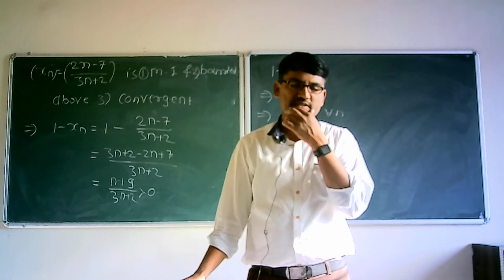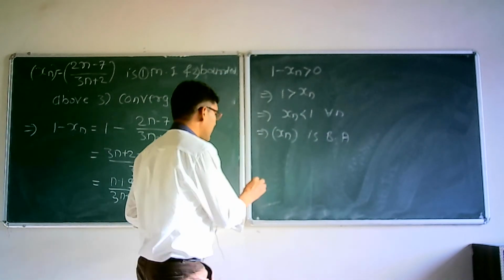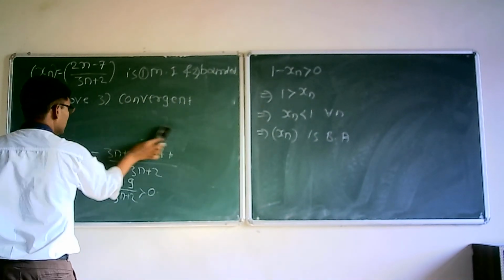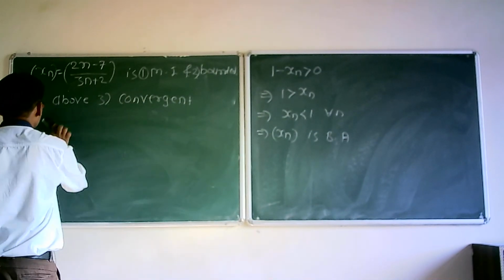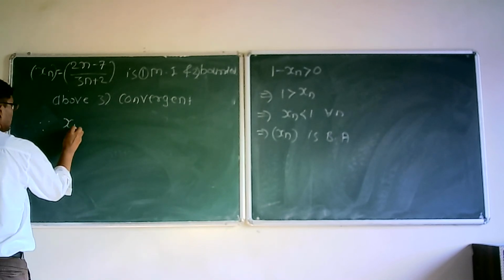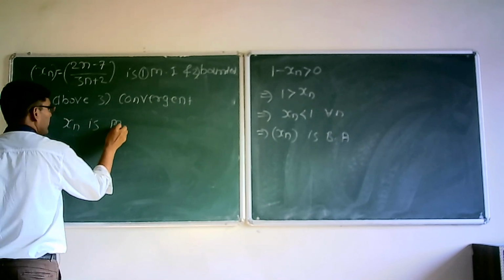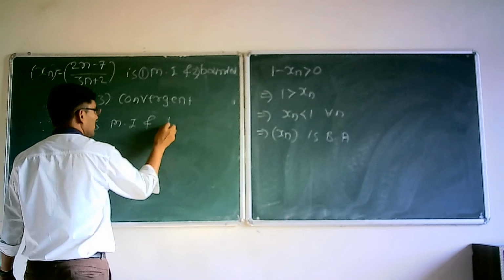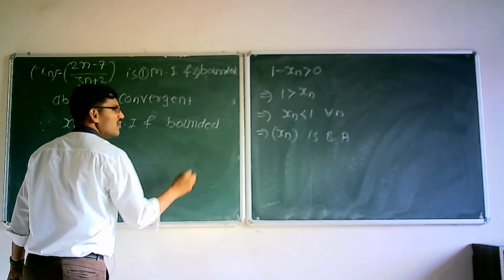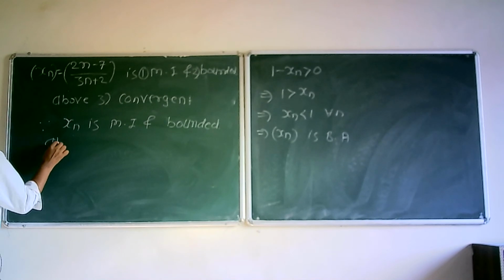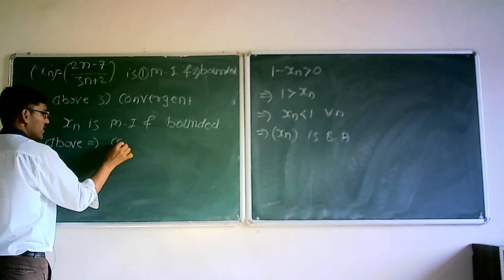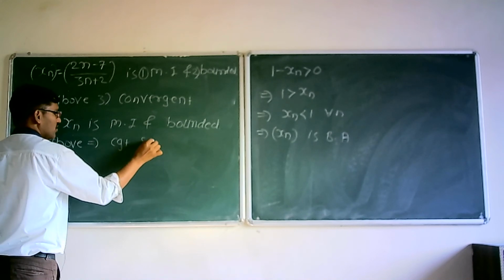So by using the previous theorem, we can say that since xn is monotonically increasing and bounded above, it is a convergent sequence.